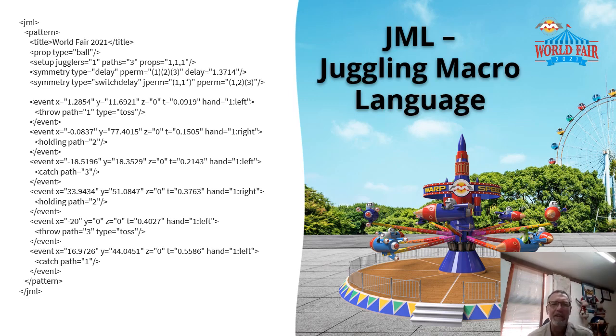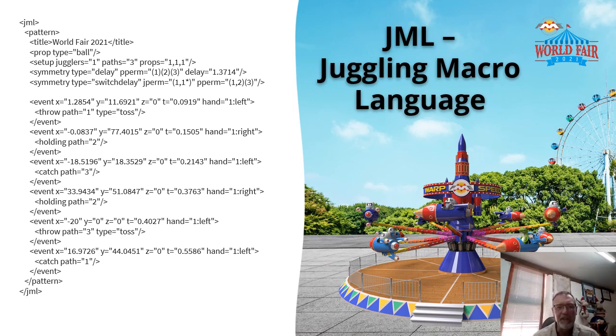In this XML, we've got the type of thing that's going to be juggled. So we're juggling a ball, but it could be something else. We also define what sort of path it's doing, how many hands we're using, what position it starts, and all those sorts of things.